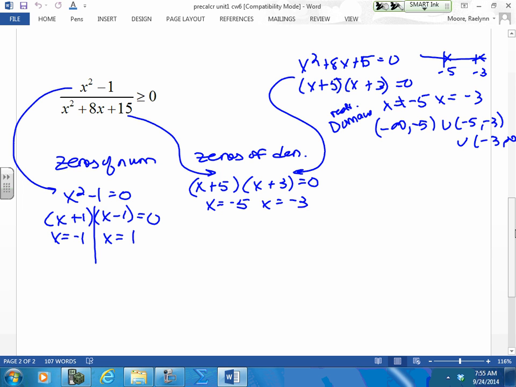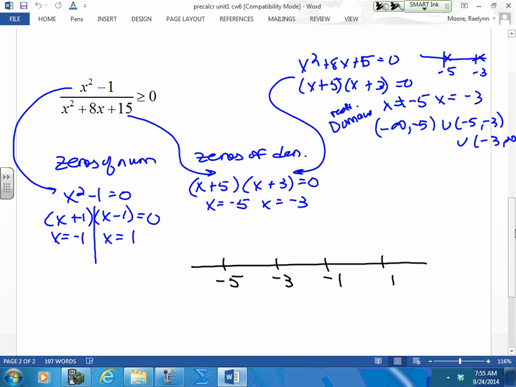So we find your number line, and we put the -1, +1, -5, and -3 in the order the way the number line works. So -5, -3, -1, 1.